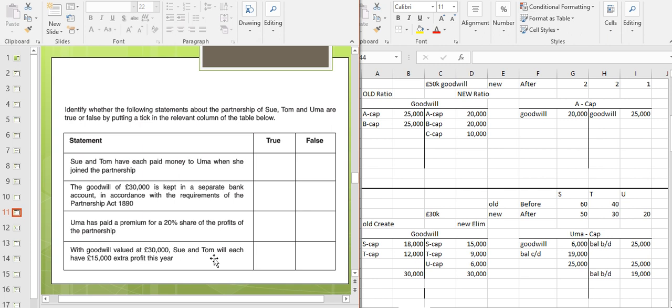Okay, that is false, and the reason why it's false is because we don't know from the scenario what the profits are going to be for next year. If we knew that, we could have worked out the split, but we don't know what that is. So again, I think they're trying to trick you here with saying 15 split between two people, 30. Maybe there's something there with that, but it is a false question. These questions aren't the greatest, but they do get you to think.